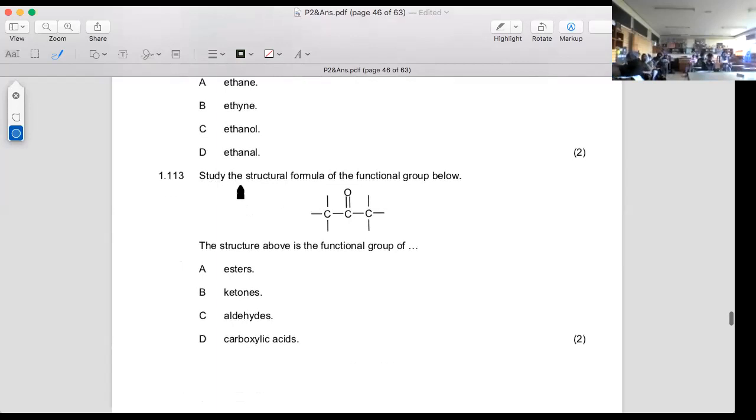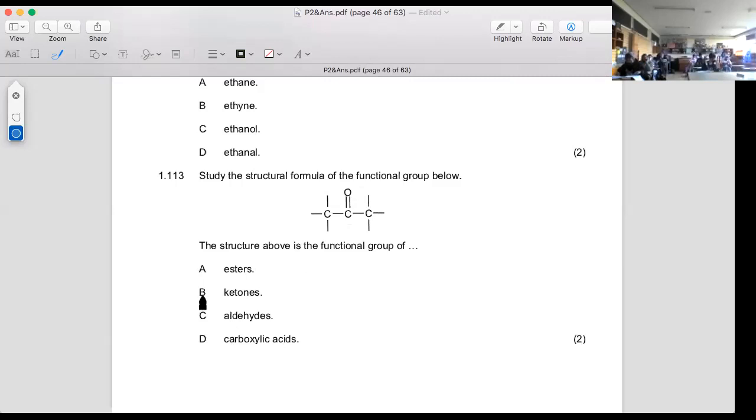Question 1.13. Study the structural formula of the functional group below. Okay, I've studied it. The structure above is the functional group of, okay, look, it's got a carbonyl group in the middle. Is it an ester, a ketone, an aldehyde, or a carboxylic acid? Okay, let's start. Who says that's an ester?